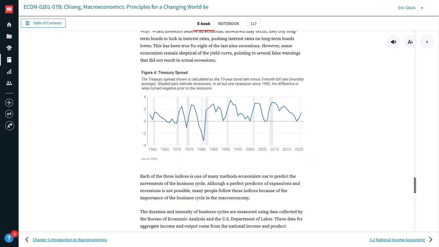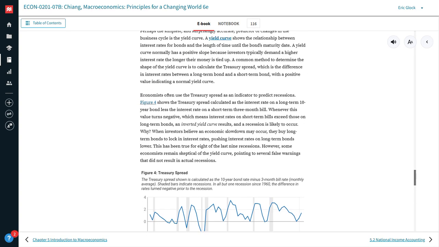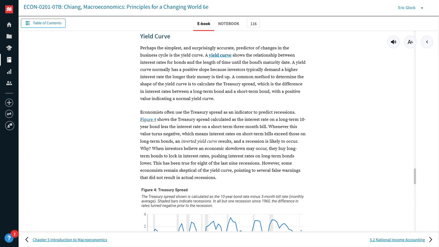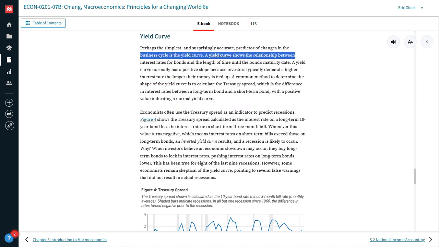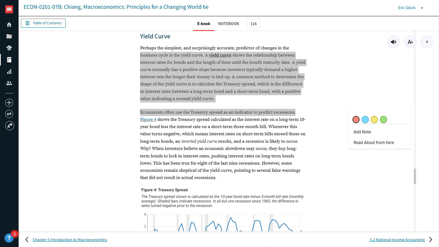Unfortunately, he does not have a nice stylized picture of a yield curve here. It basically goes from, and by the way, a bond yield is the interest that it's earning. So let's say the yield curve goes like this. It's this kind of a shape. We have the bond's yield, its interest rate, on the side. On the bottom, we have how long out the bond goes.